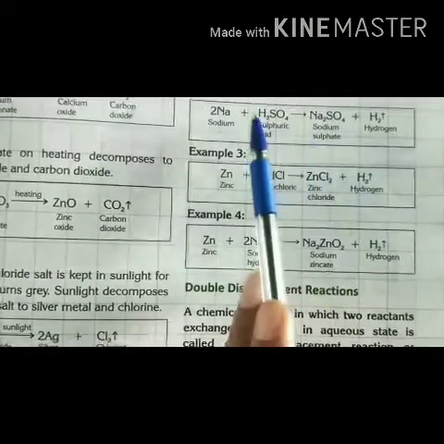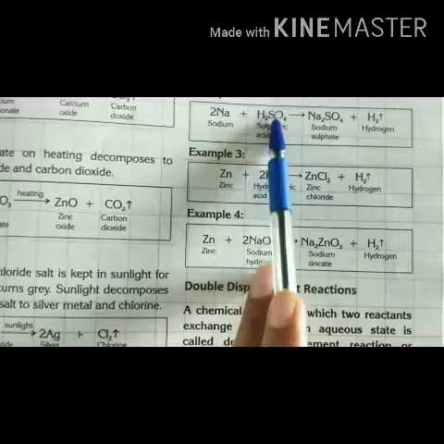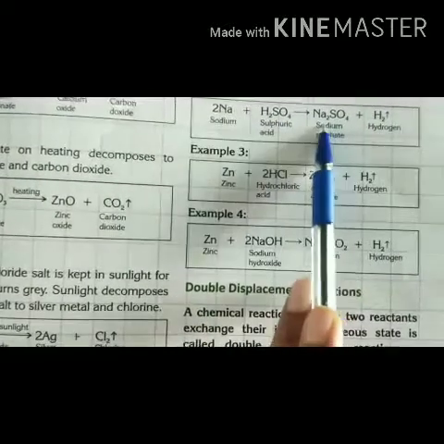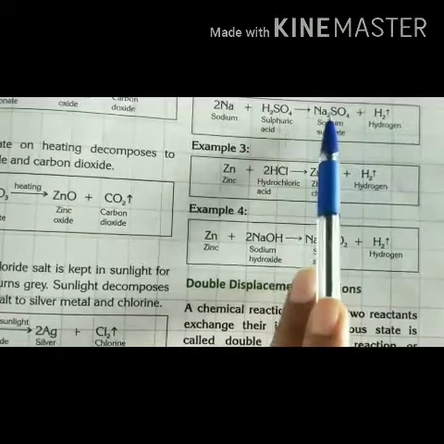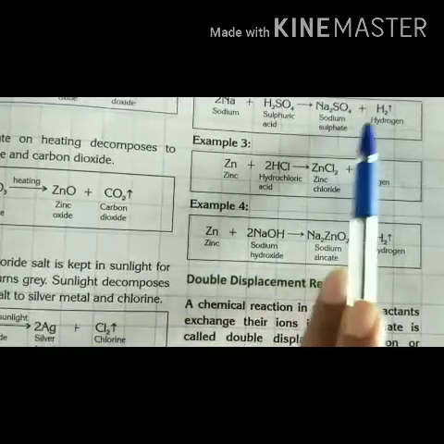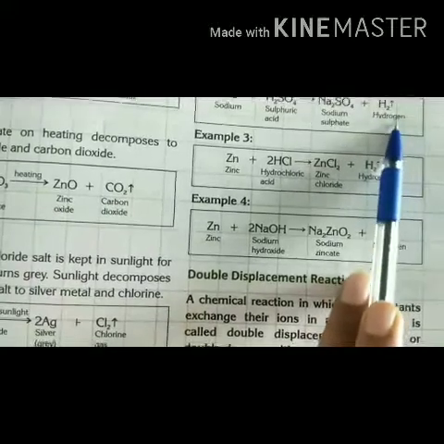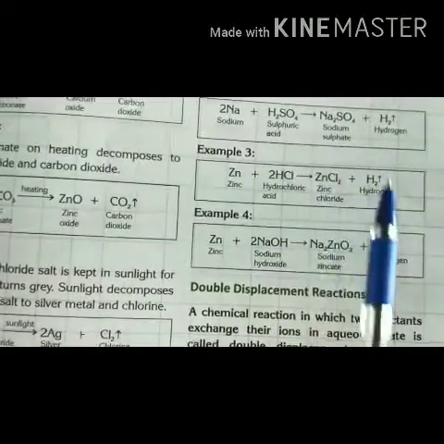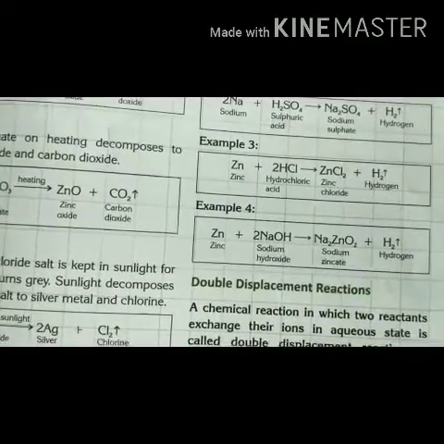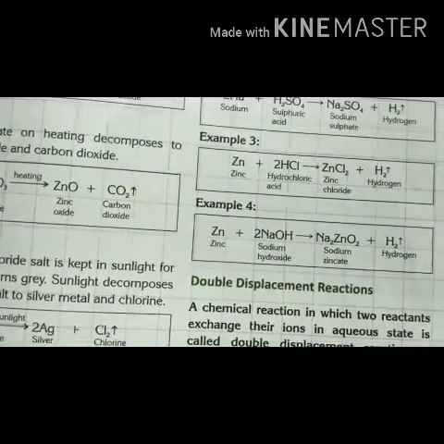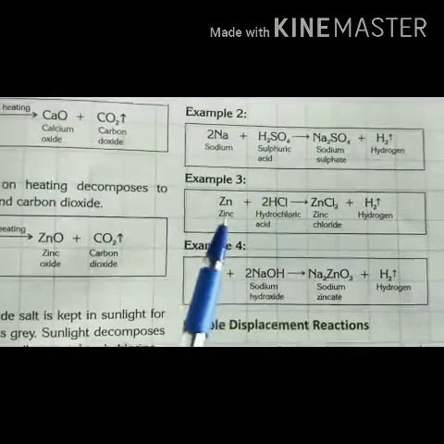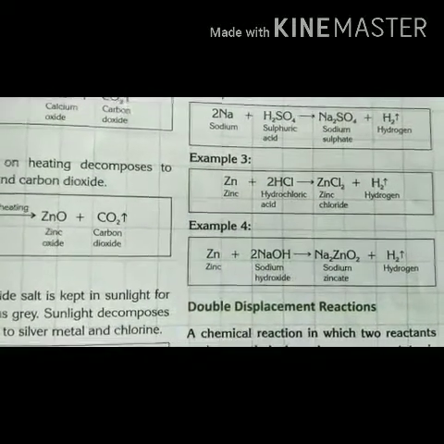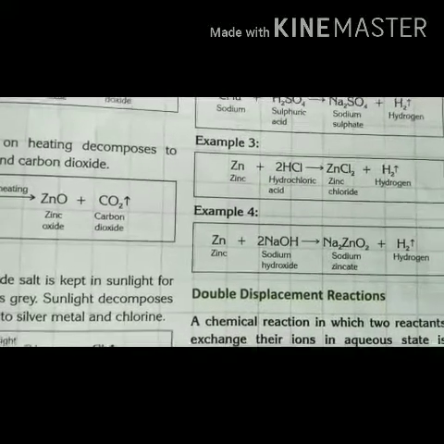Here you can see the hydrogen is replaced by the sodium element, and hydrogen is liberated after the displacement reaction. As we had already studied in our first example, the less reactive one will be displaced by the more reactive element.